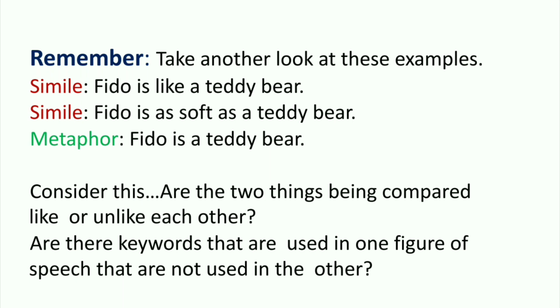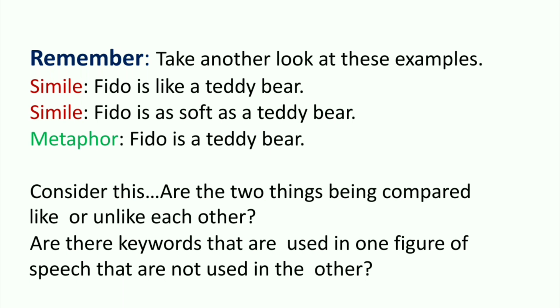Let's take another look at these examples. Fido is like a teddy bear. Fido is as soft as a teddy bear. And Fido is a teddy bear. In the first two sentences, Fido is compared to a teddy bear by using like and as. Whereas in the last example, Fido is directly compared to a teddy bear without using like or as.